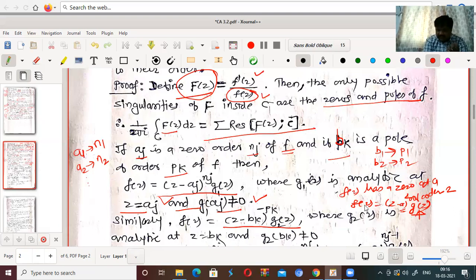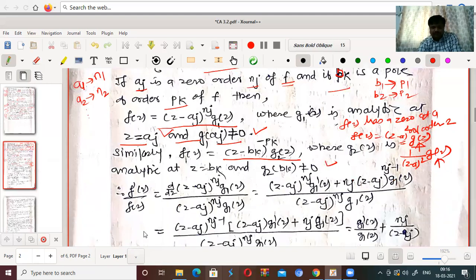If a function f has a pole at z equal to a of order 2, then that function can be written as 1 upon (z minus a) squared into g of z, where g of z is analytic at a and it is non-zero at a. So f of z is nothing but (z minus bk) to the power minus pk into g2 of z, where g2 of z is analytic at z equal to bk and g2 at bk is not equal to 0.